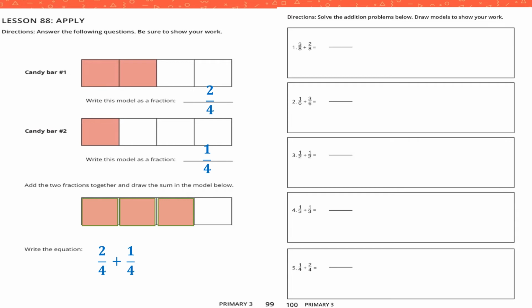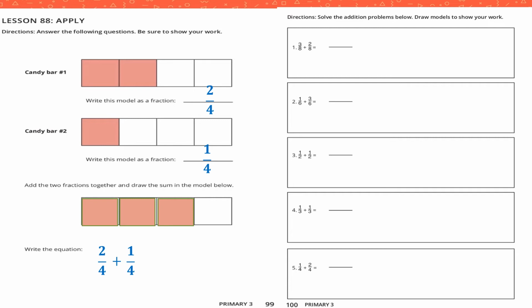We said to add 2 fractions, we have 2 steps. Step number 1, put the denominator as it is. It's the same denominators, so put the denominators as they are. Step number 2, add the numerators together. 2 plus 1 equals 3.